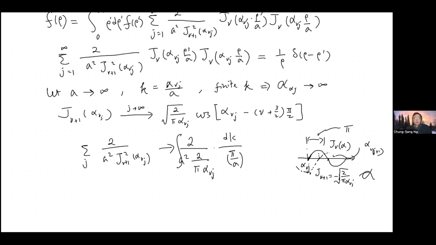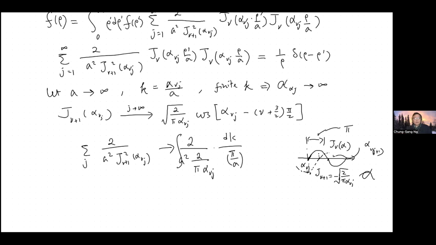And then you see that this equals to, so you cancel one of the factor a, and the a over alpha sub nu j becomes 1 over k.